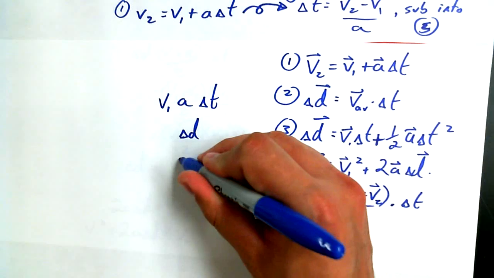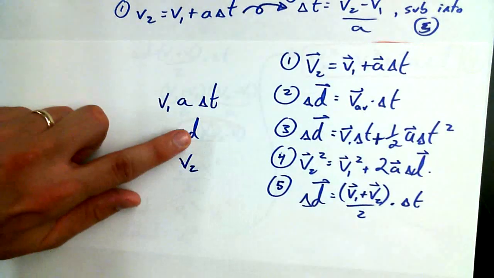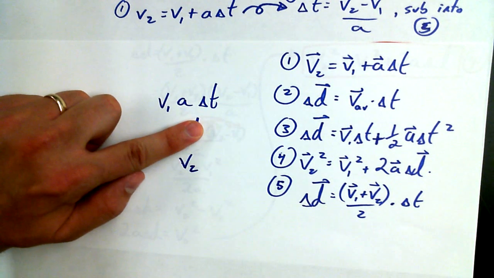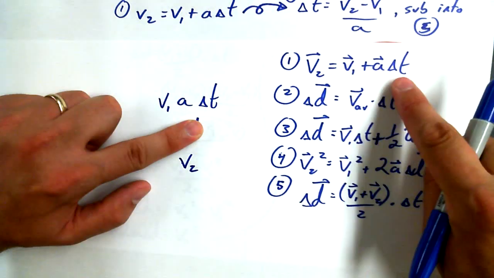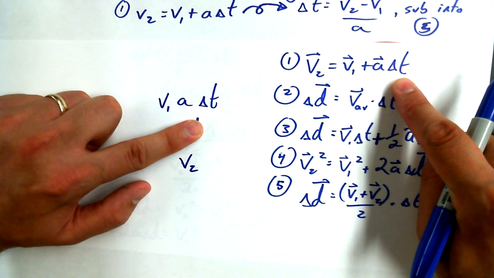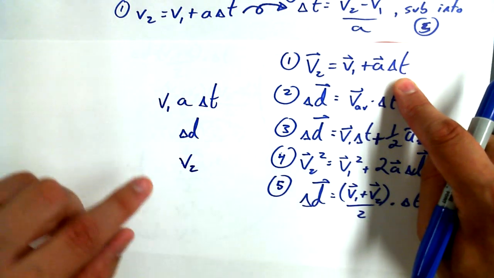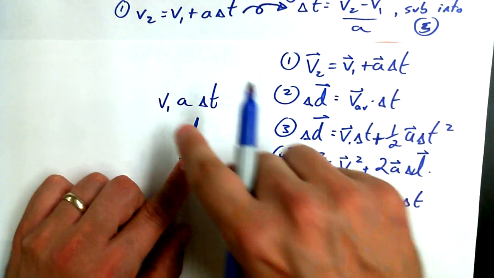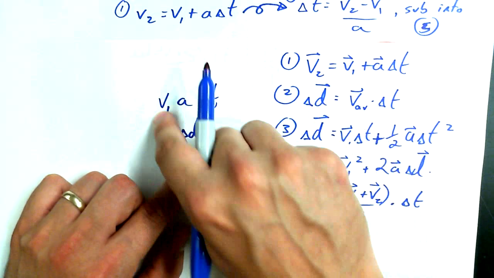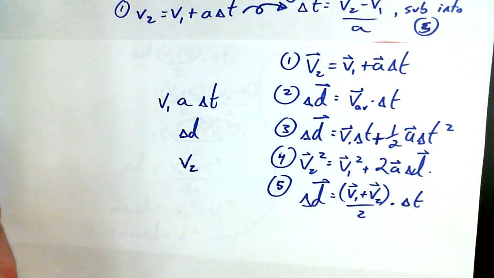What if I wanted to know V2 and I only knew V1, A, and delta T? What's a nice equation for finding V2? Yeah? The first one? I like it. Now what if I found the D, as Jacob suggested, and now I knew all 4 of those? And then somebody says, well, why don't we find V2?